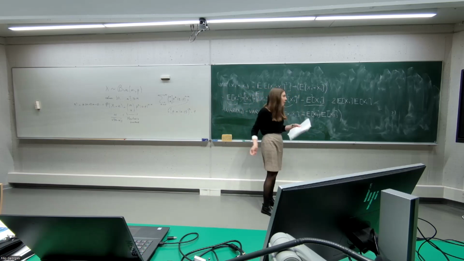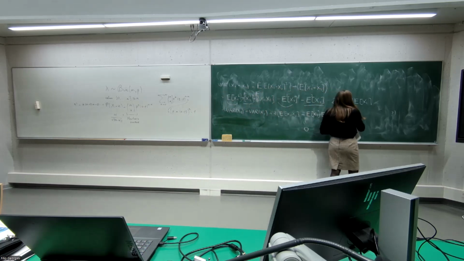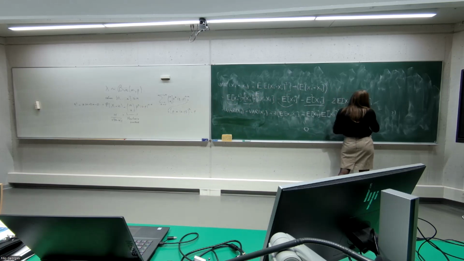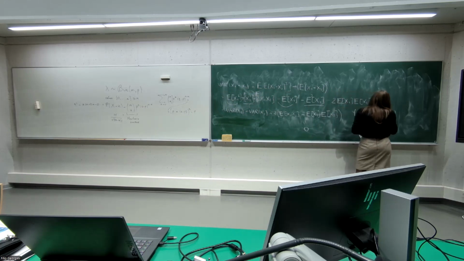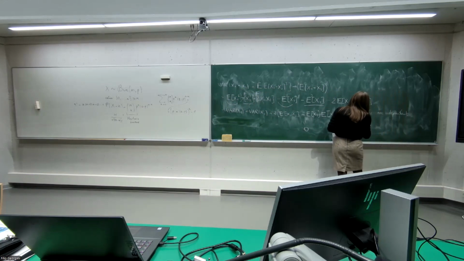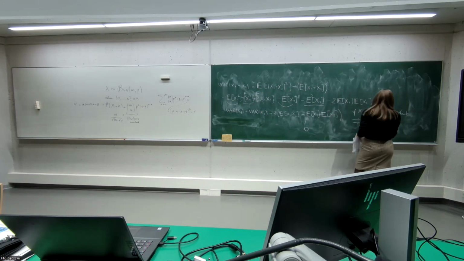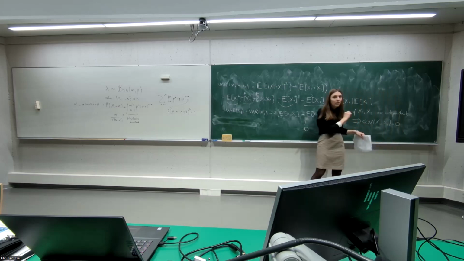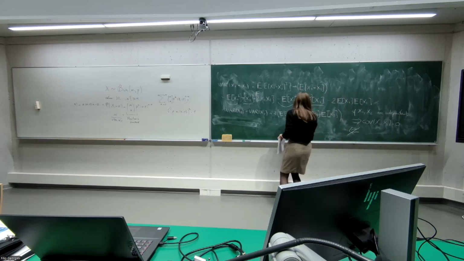It happens that if x1 and x2 are independent, I'm going to give you in one second the definition of independence, then the covariance of x1 and x2 is equal to 0. The inverse is false. Don't do that. This is called the covariance.